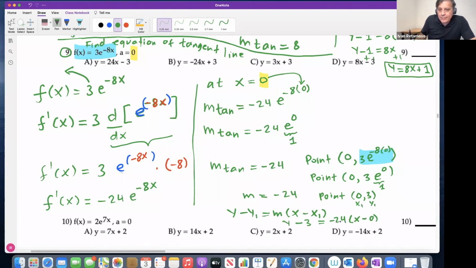This disappears. So simplifying this, adding 3 to both sides, you get minus 24x plus 3 here, and these two cancel. Very good. So y equals minus 24x plus 3 should be the equation of the tangent line.